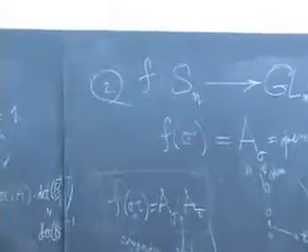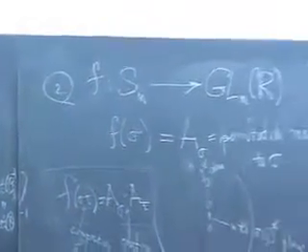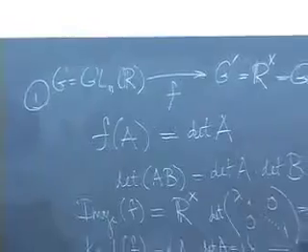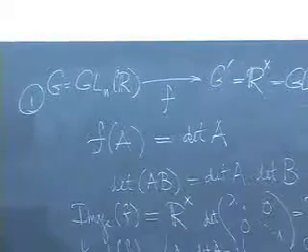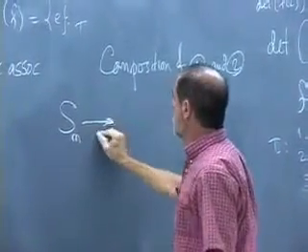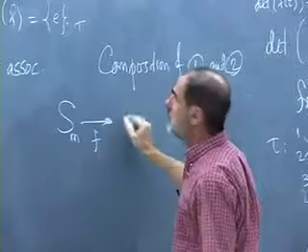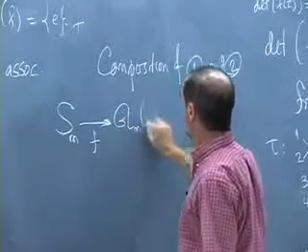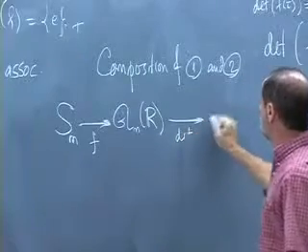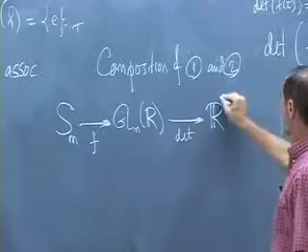Let's call this one 1 and this one 2. The composition of 1 and 2 looks like this. First, you take the symmetric group by f into the general linear group, and then you compose this with the determinant homomorphism to R star.